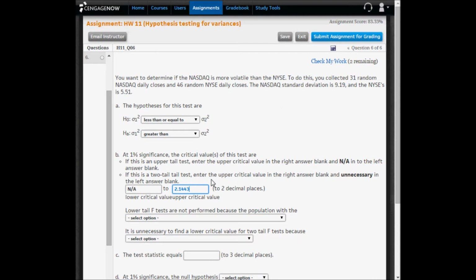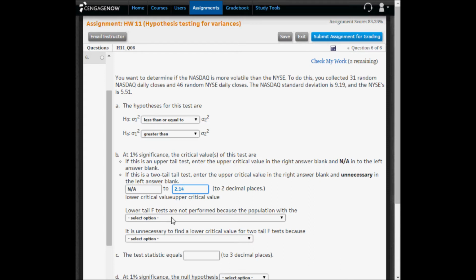And notice it is bigger than 1. The upper F critical values are always bigger than 1 because the hump of an F distribution is close to 1. All of the lower critical values for the F table would be less than 1 because, again, the hump is near 1. And a ratio of equal variances would have an F statistic that is near 1.